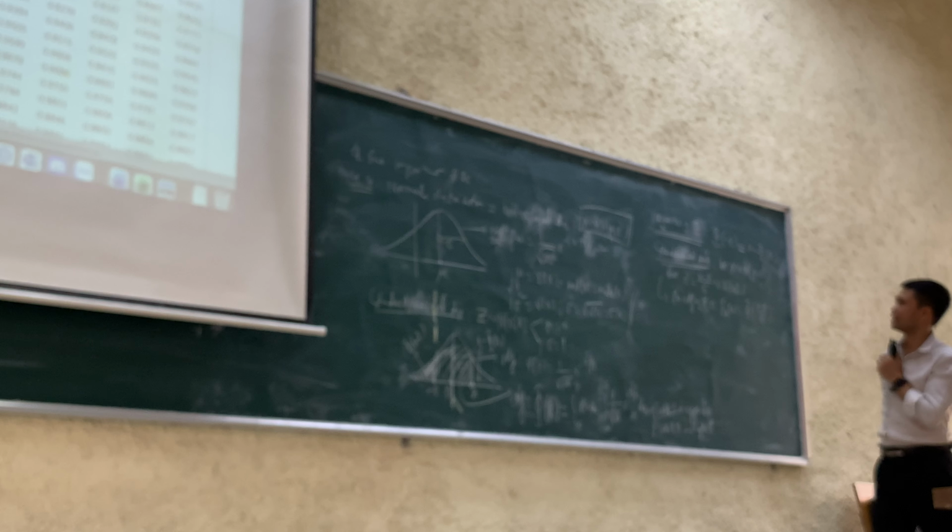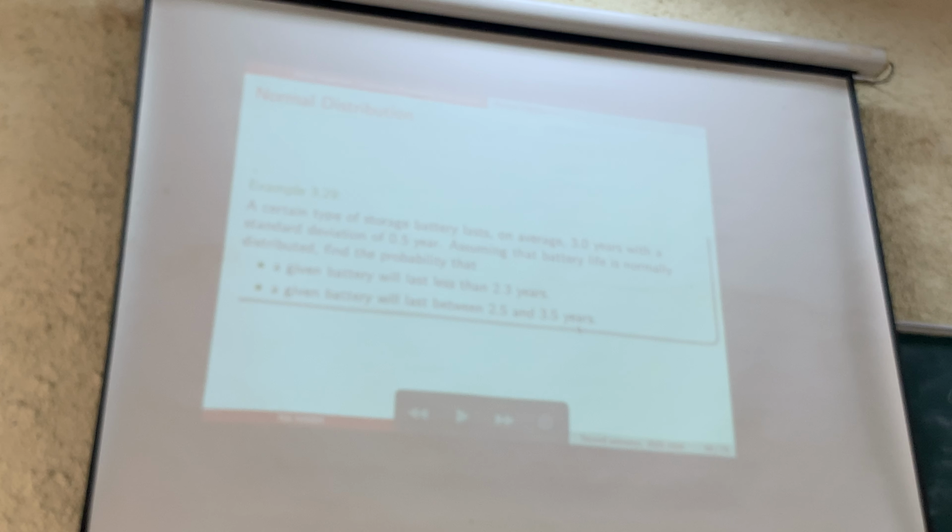And the second sentence: assuming that battery life is normally distributed. The key word in this sentence is normally, or normally distributed. We apply this formula, of course, when we have the key word normal. We want the probability that a given battery will last less than 2.3 years.